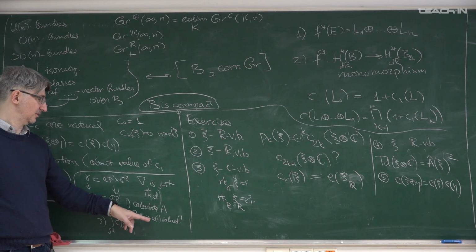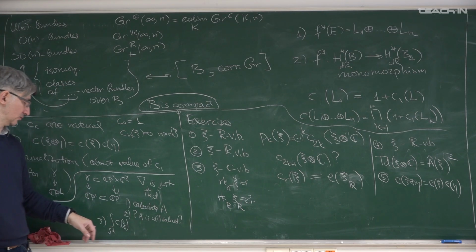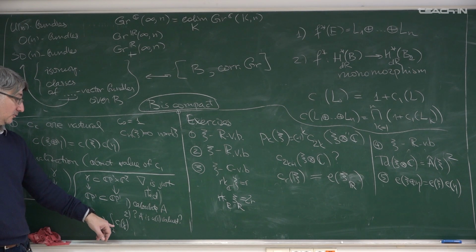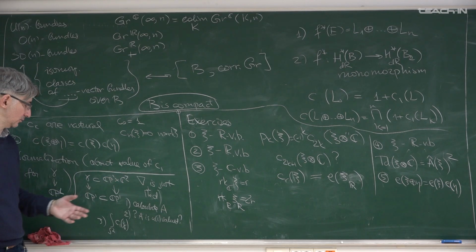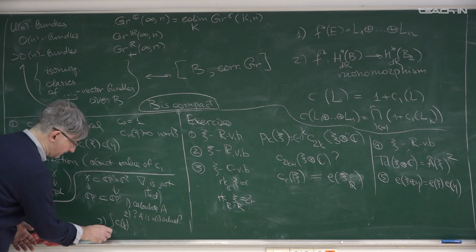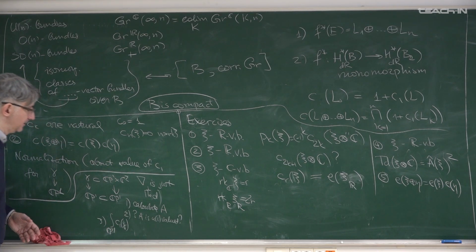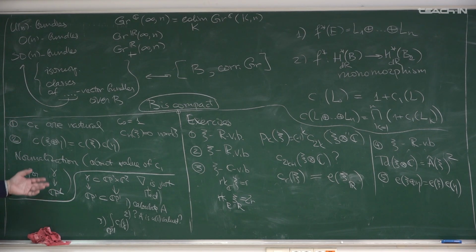But if it is U1 valued, then you can define C1 of gamma, and then you calculate this integral. Then you will obtain the normalization axiom. You will know the value of C1 of the tautological line bundle over CP1, which belongs to the cohomology of dimension 2.